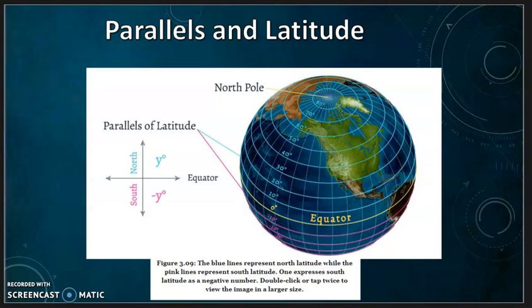Parallels are east-west lines that run parallel to the equator and are equally spaced above and below the equator. One measures the distance from one parallel to the next using degrees of latitude. Measurements start at the equator, which is 0 degrees latitude. From there, latitude continues north and south until it reaches 90 degrees at each pole.